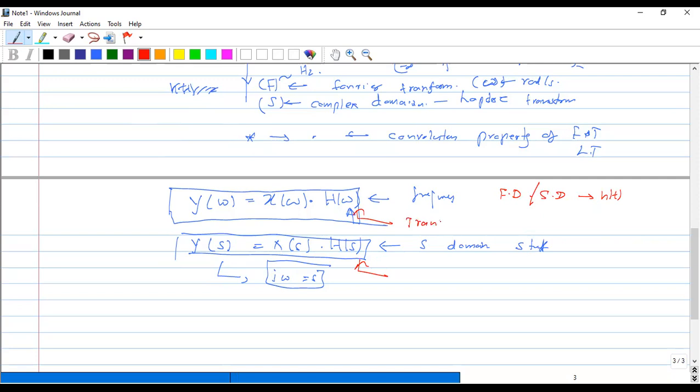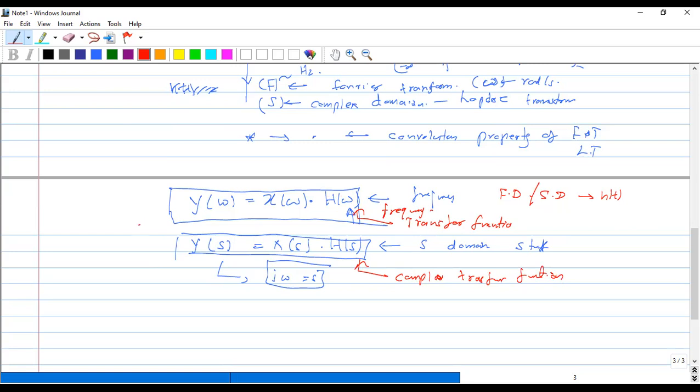If it is in the frequency domain, we call it the frequency transfer function. If it is in the S domain, we call it the complex transfer function.